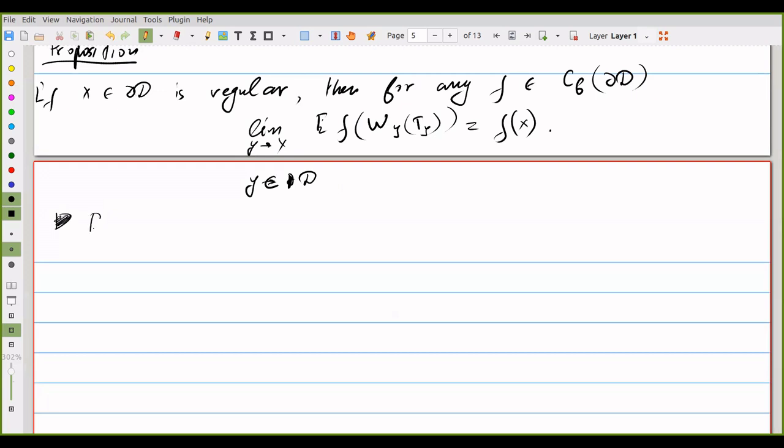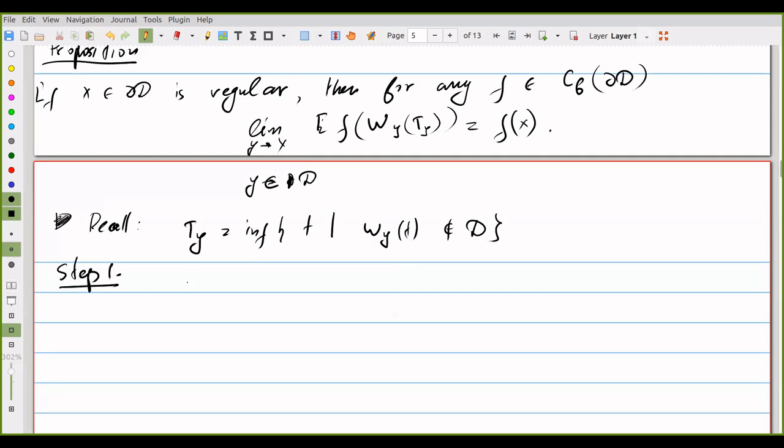So let us recall that tau y was the infimum of those t such that W^y of t didn't belong to D. And step one, let's do it as follows.